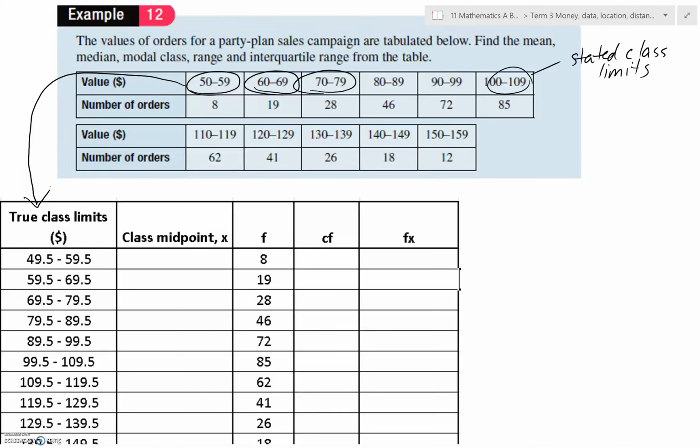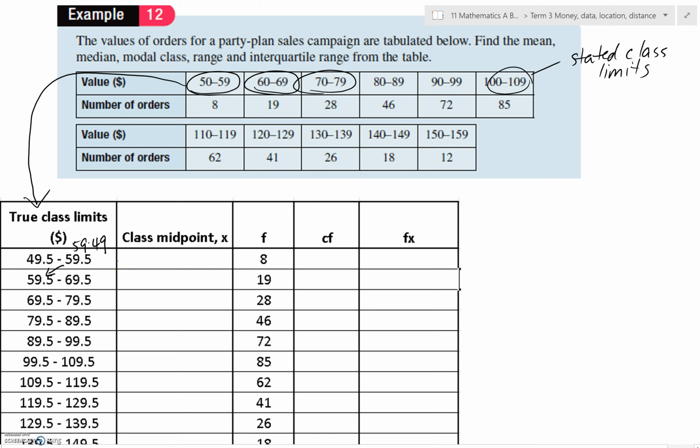Similarly, if an order was valued up to $59.50, the rules of rounding say that up to 50 cents we would actually round down. So really it would be 49.50 and 59.49 here, because if it was actually 50 cents, it would go up into the next one. Hopefully that is clear here.